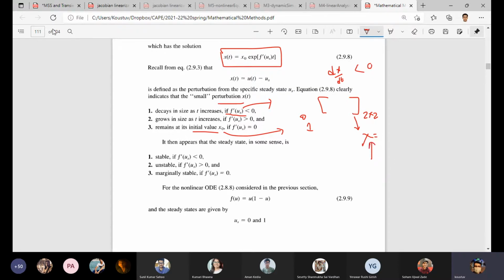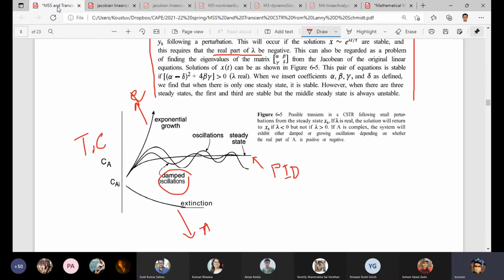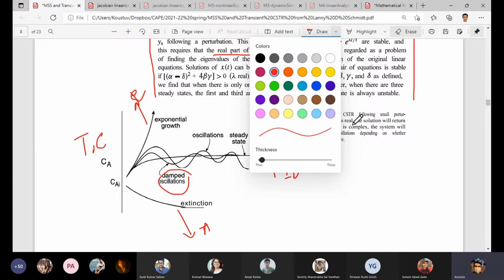And if it is a real number, then it has to be less than 0, and then it will come to the steady state point. So this is the case when lambda is less than 0, and this is the case when lambda is greater than 0, the exponential growth, right?